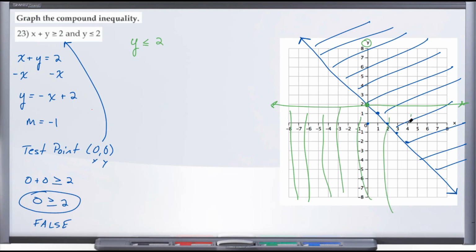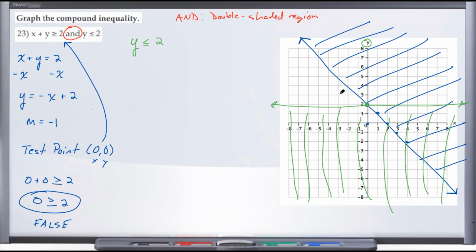All right. So now that we've shaded and graphed both of our inequalities, we want to return to the word separating our inequalities. And in this case, we have and. And you'll recall from the previous examples, when you have and separating your inequalities, your answer is only the double shaded region of the graph.